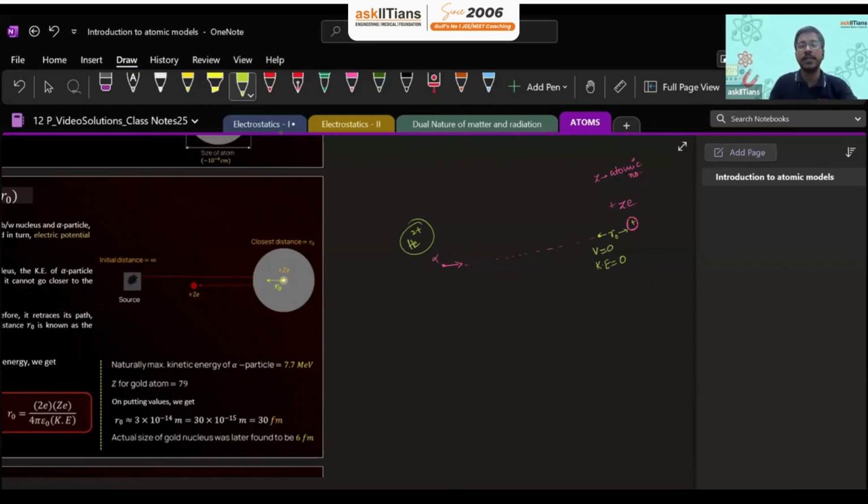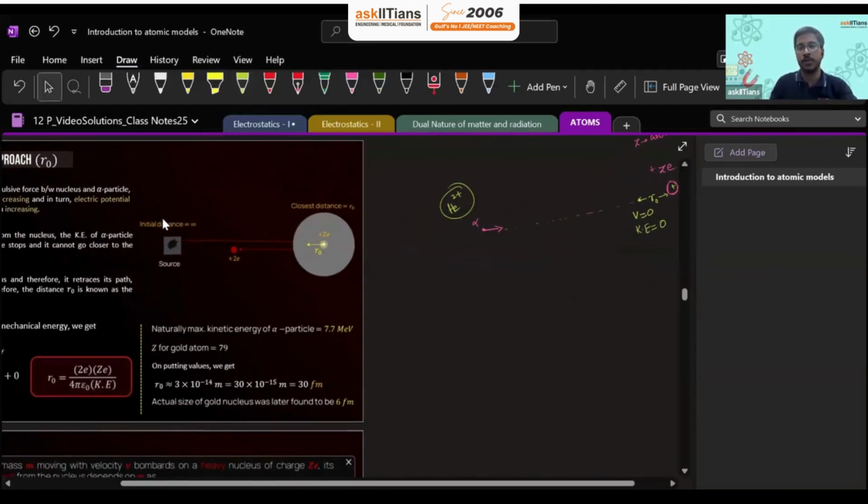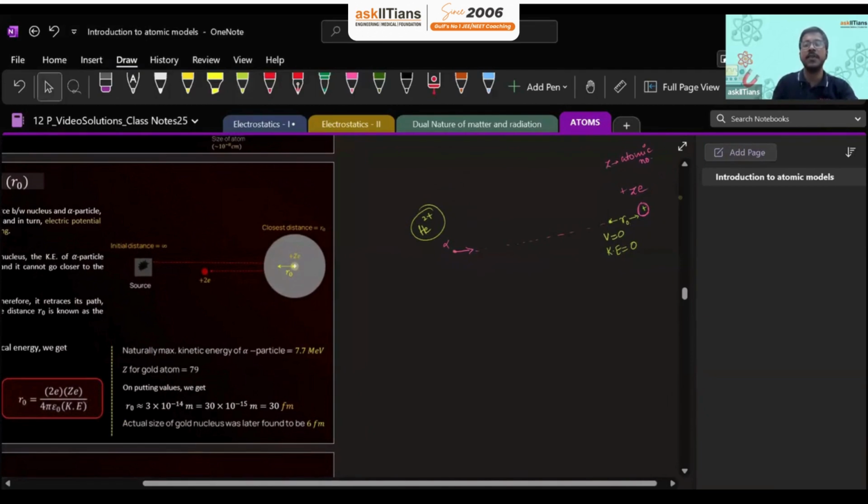So we have to calculate this value of R naught, right? And for that purpose, we will use the conservation of energy. Okay. So by conservation of energy, the total energy at this point, let's say this is point A, and this point is, let's say, point B. So total energy at point A should be equal to total energy at point B, right? Energy cannot be destroyed, right?